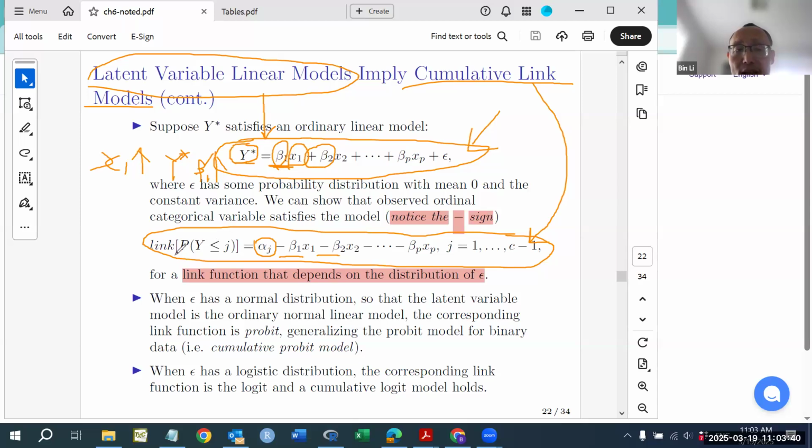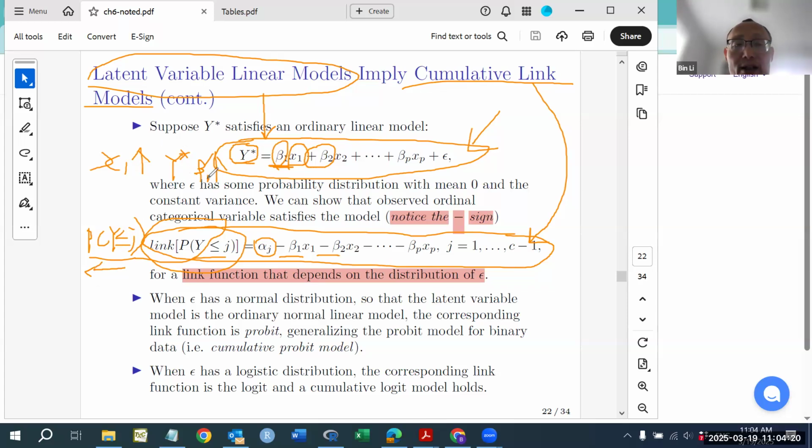Is that right? But what we modeled here is the link for the cumulative part, which is towards not y going larger, but y being smaller. So that's the left side of y. That is the link for the probability of y being less than or equal to j. So that's the difference, because this is towards y becoming smaller.